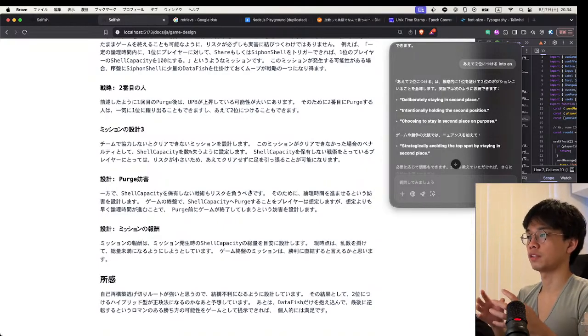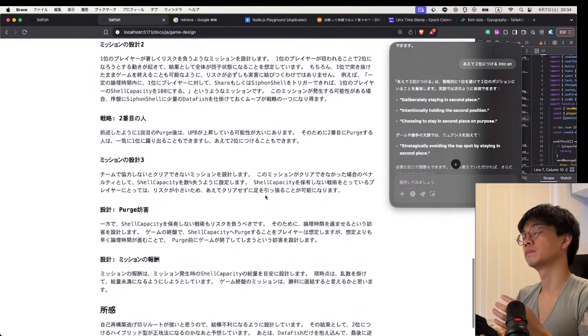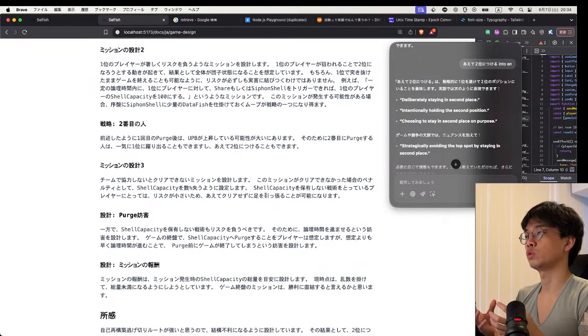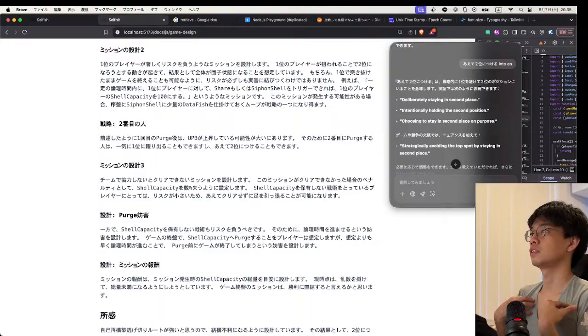In this penalty, for the player who has less shell capacity, the penalty is not huge, right? Because they have a small amount of shell capacity, the penalty is not bad.